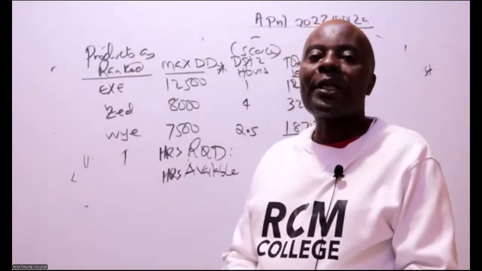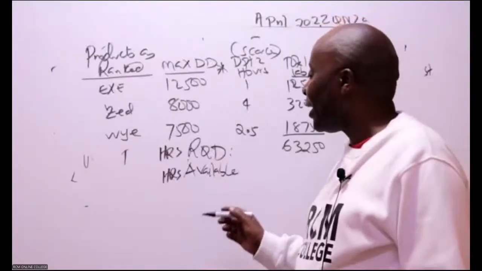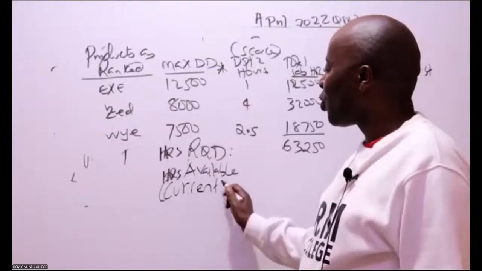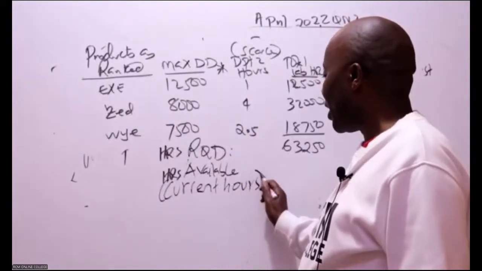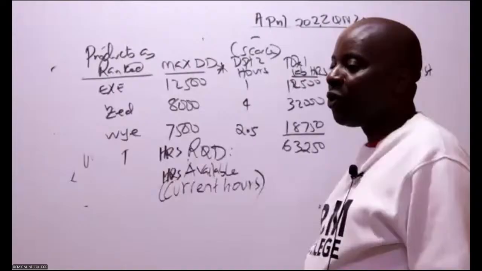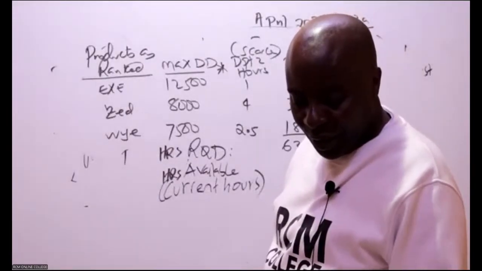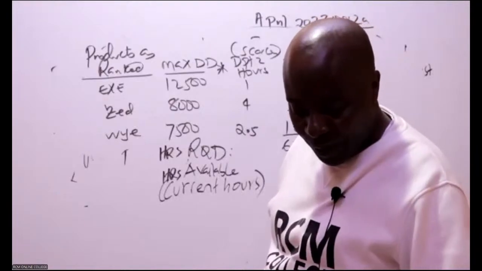You see, hours available are the same as the current hours. Whenever they are not given, you shall always compute the hours used, like last year, the current hours. So use current output. There is a place where they have given you the current output.